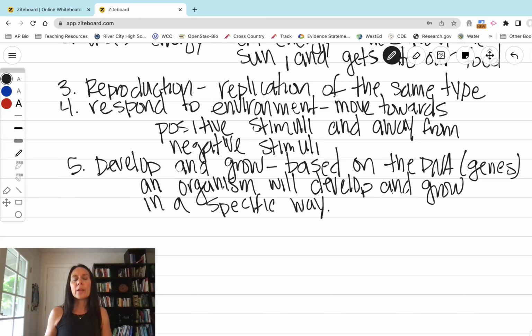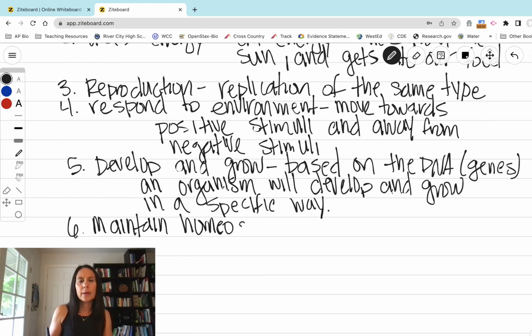And some organisms, like we regulate our sugar in our blood, and we regulate our pH, and it's different based on different parts of our body. For example, the pH in your stomach has a very low range, where the pH in your blood has a very neutral range. So the sixth factor for all living things is that we have to maintain what we call homeostasis. And so what that means is that certain factors have to stay within a range.